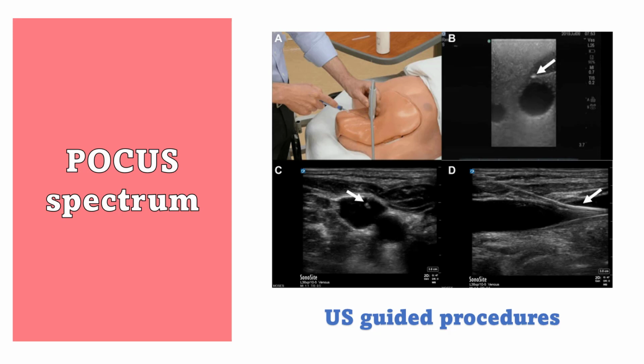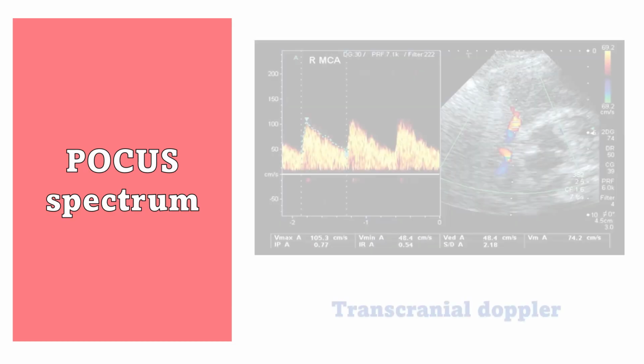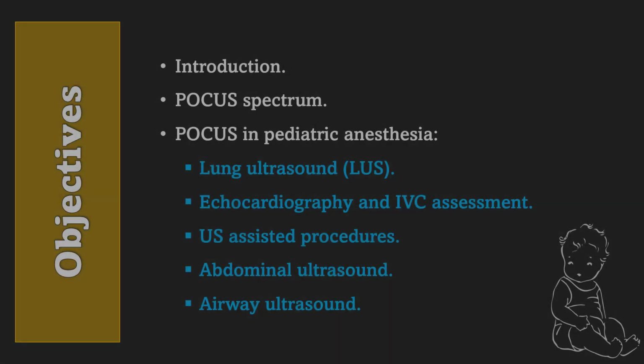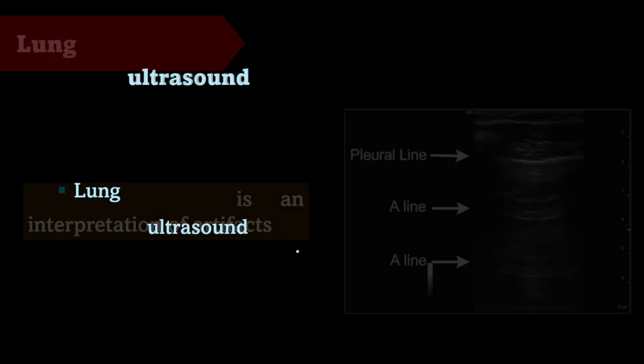We can use it for ultrasound-guided procedures, which is a very wide field in pediatric practice, airway ultrasound, and lastly, transcranial Doppler that can be used to detect the cerebral blood flow or the flow in the middle cerebral artery. We will concentrate on the most common uses of ultrasound in pediatric anesthetic and intensive care practice. First, lung ultrasound.